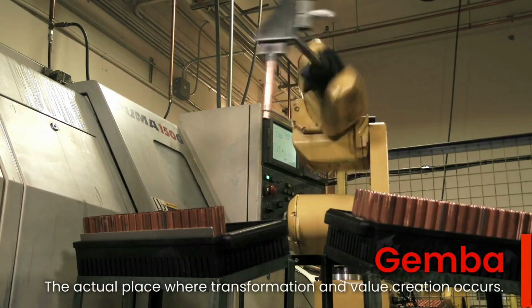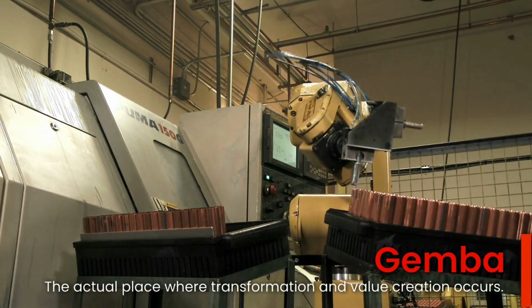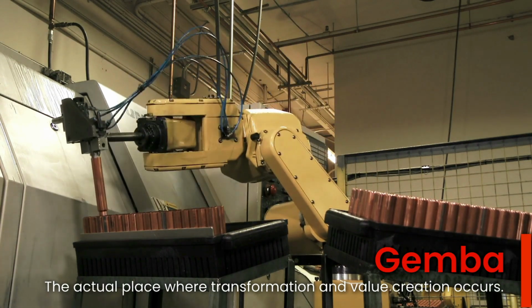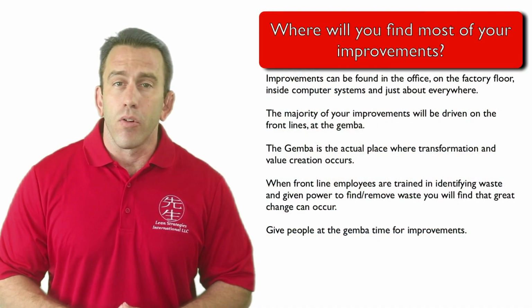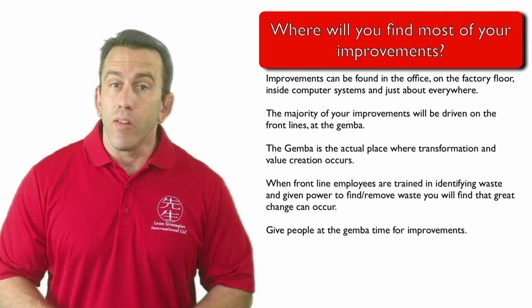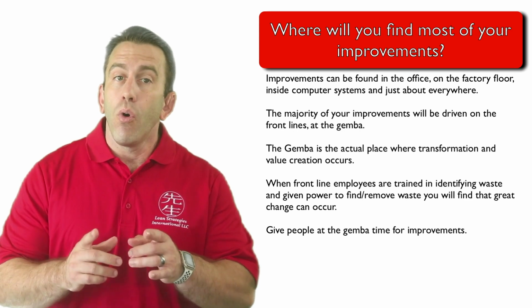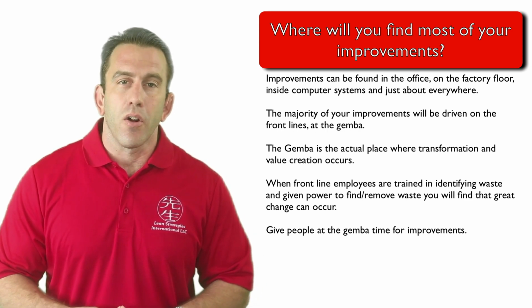The Gemba is the actual place where transformation and value creation occurs. When these frontline employees are trained in identifying waste and given the power to find and remove waste, you will find that great change can occur.